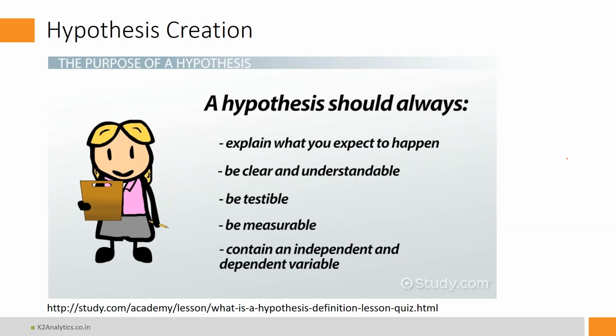To be clear and understandable, is my hypothesis clear? Yes. Can I test the hypothesis? I can test the hypothesis. Can it be measured? I can measure it. Does it contain an independent and dependent variable? It contains an independent and dependent variable. So my hypothesis is complete. Okay. So these are the things we have to take care of when we define a hypothesis.